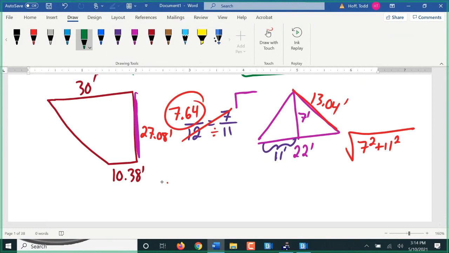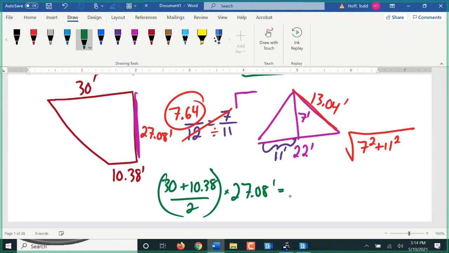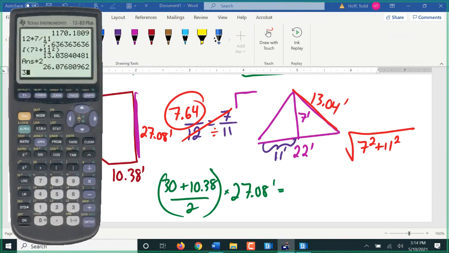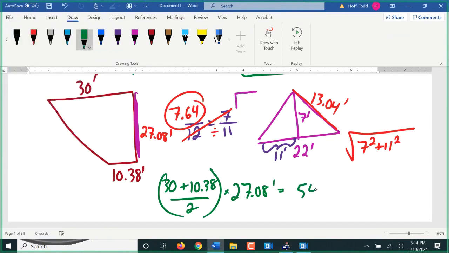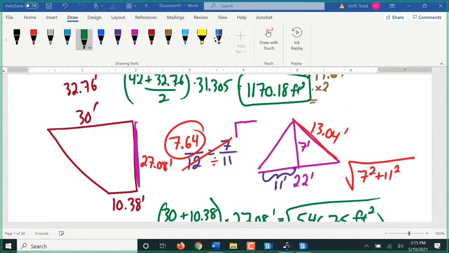That area, average of the bases, so 30 plus 10.38 divided by 2, at 27.08 feet. 30 plus 10.38, again, hit equals before you divide by 2, times 27.08, 546.75, plus 1170.